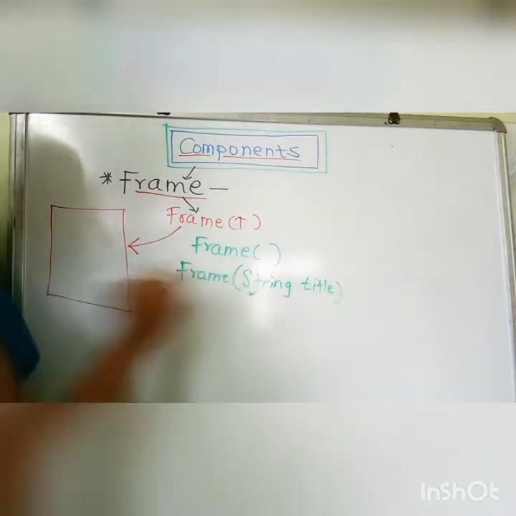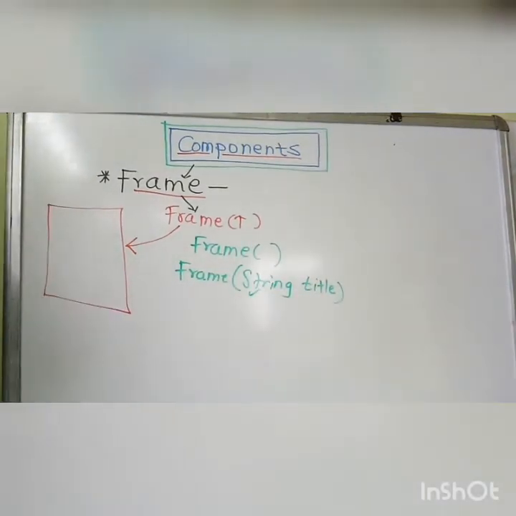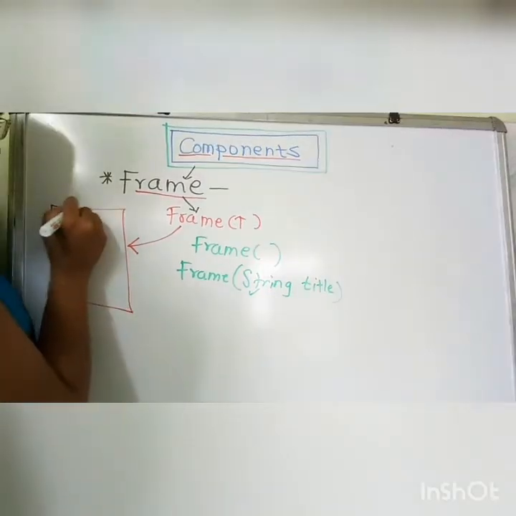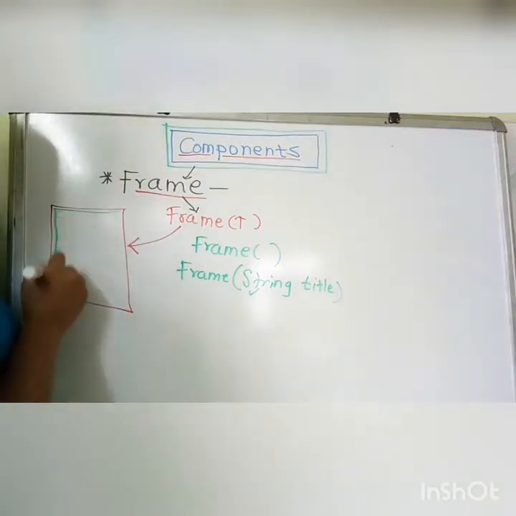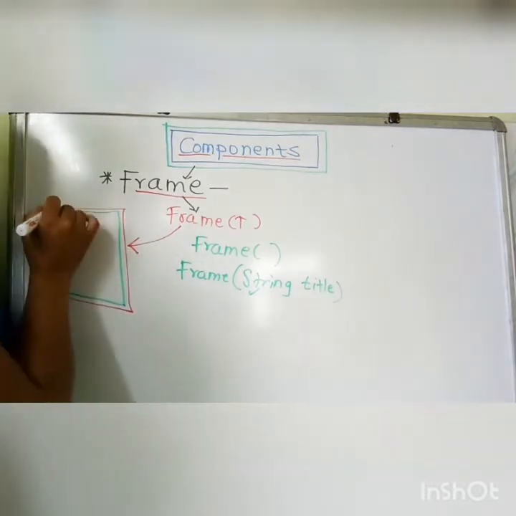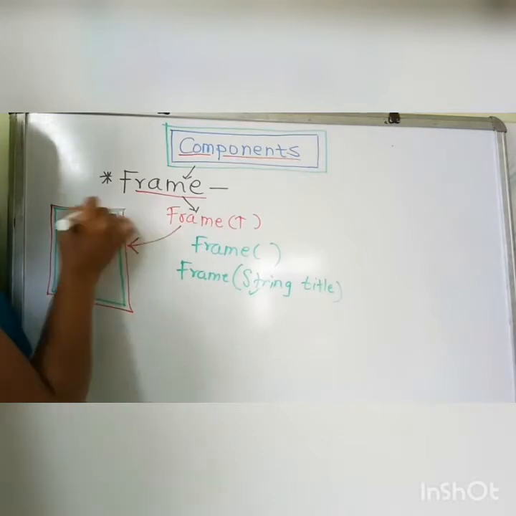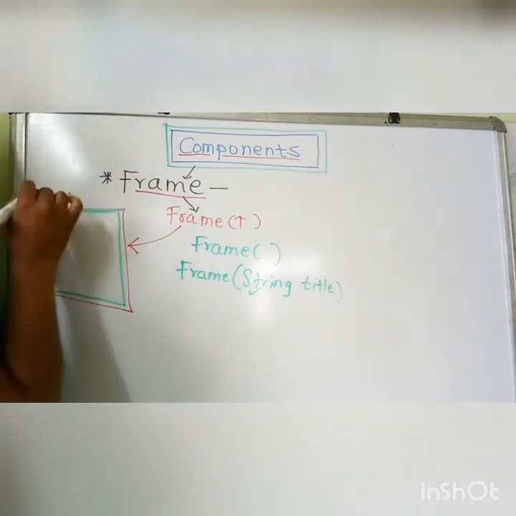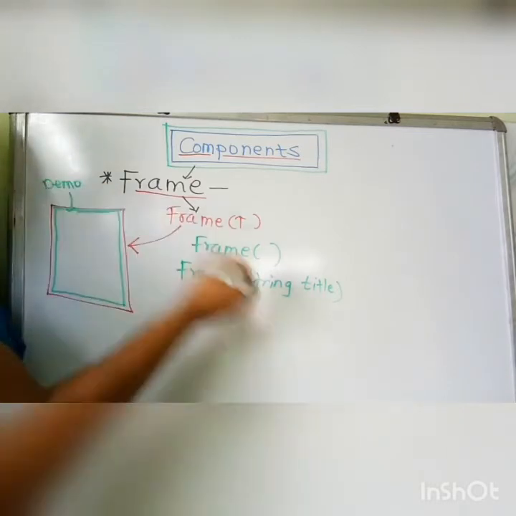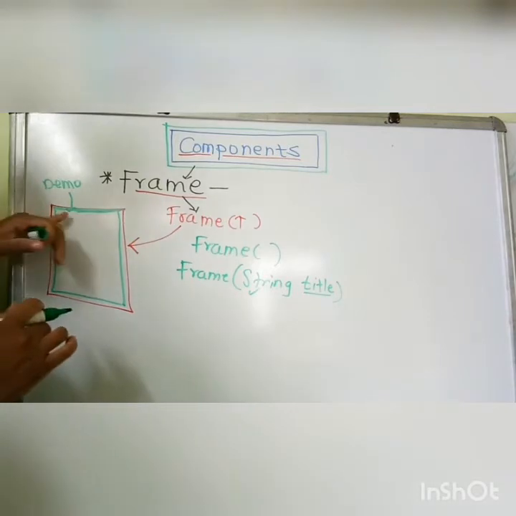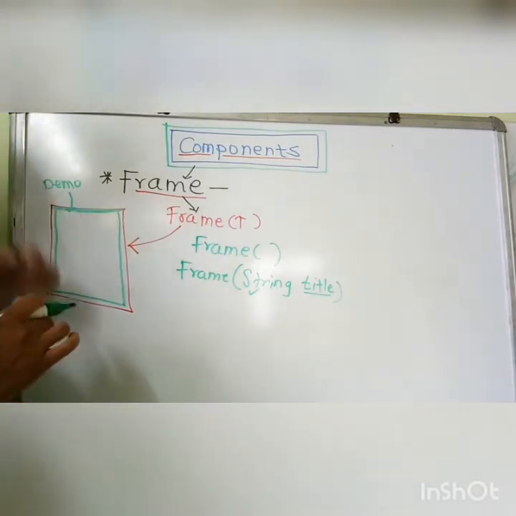By this mechanism we can give a name to the frame. How will this name be displayed? When your screen is displayed on the output device, at the top of this frame you can display a title like demo. Whichever title you write here will be displayed on the title bar, above the frame window.